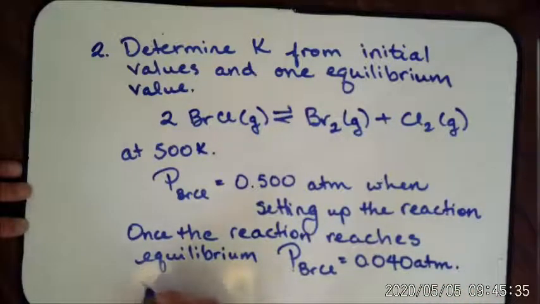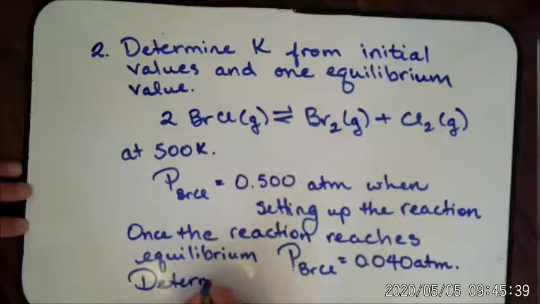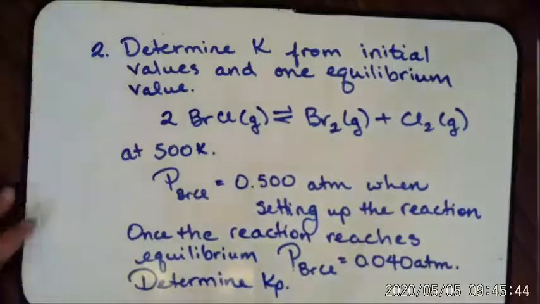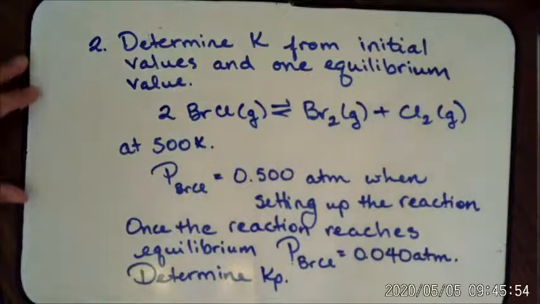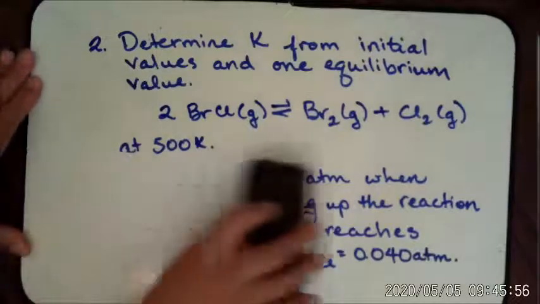So we're going to determine, in this case, Kp. All right. So now that you have all the conditions, we're now going to introduce you to what we call the ICE table. All right. So let me go ahead and erase this. What does an ICE table stand for?